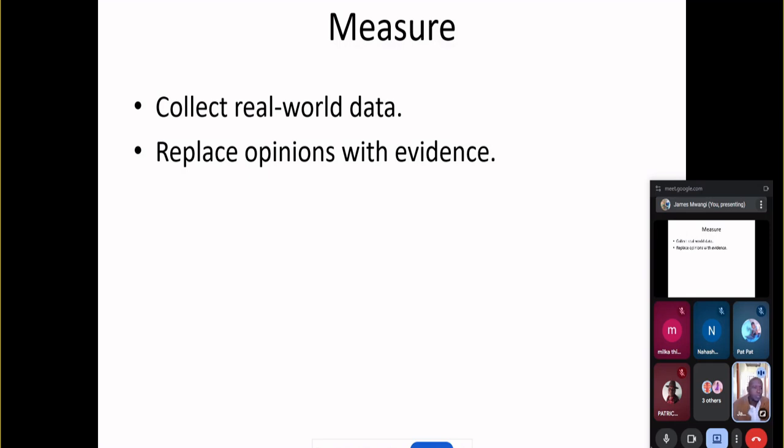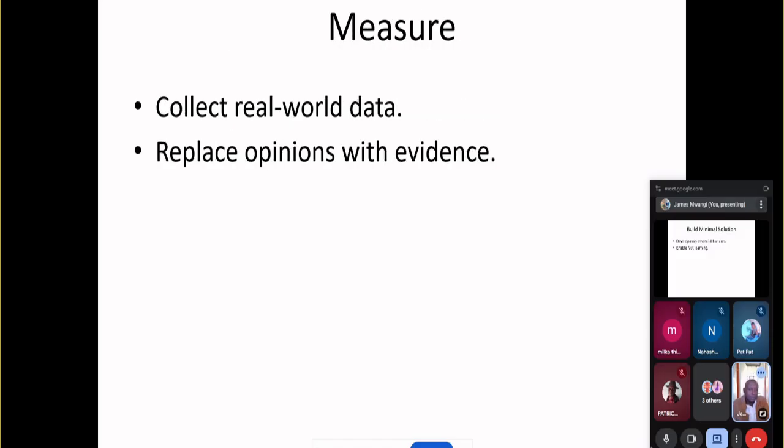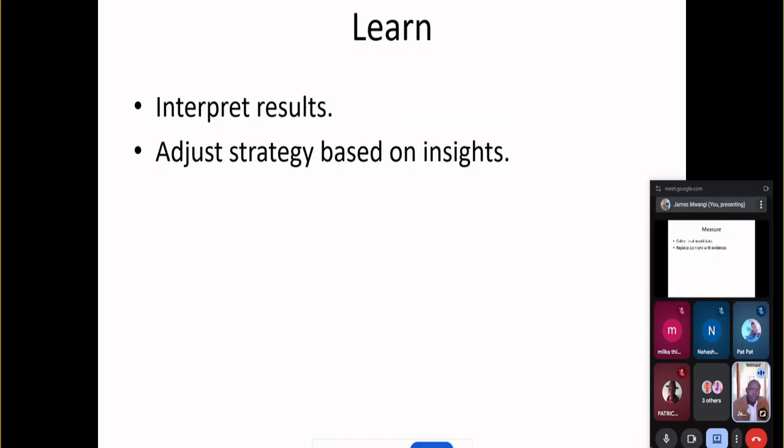You replace opinions with evidence. That's how. It is not just talk; you come with evidence once you measure. And remember, you had formed a minimal solution, then you measure that, you learn, you interpret the results, and adjust strategy based on insights. This is very similar to what we have already done.